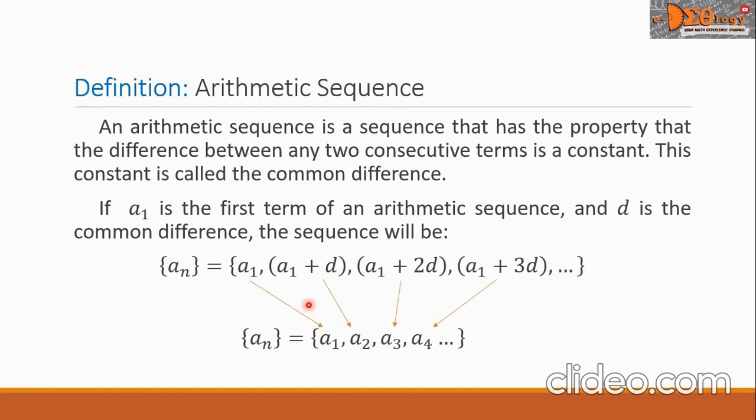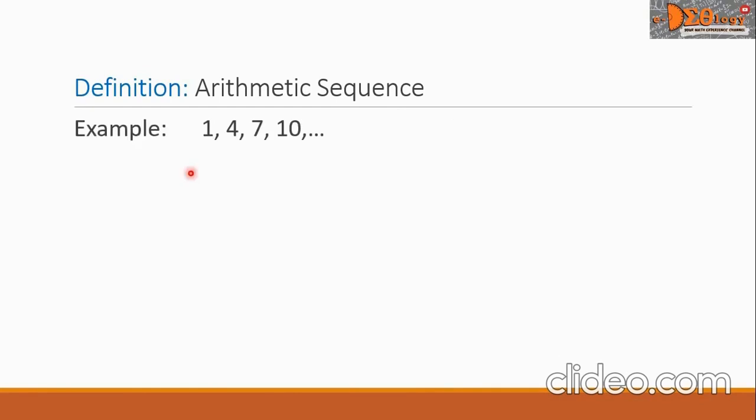We may also write arithmetic sequence in simpler form like this. The first term is a sub 1, the second term is a sub 2, third term is a sub 3, fourth term is a sub 4, so on and so forth. Let's have an example of an arithmetic sequence.